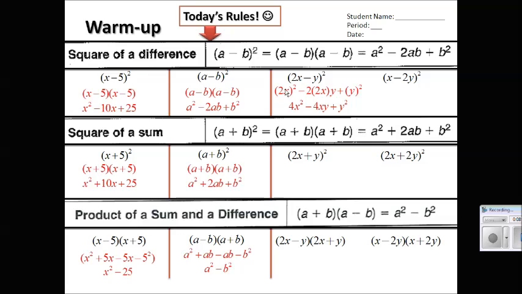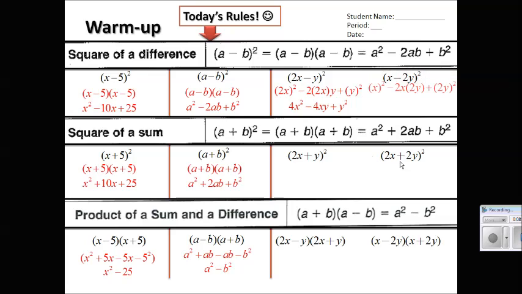Remember, 2x squared is actually 4x squared, right? This 2x squared is 4x squared. 2 times 2x times y is 4xy. And y squared is y squared. And I get straight to the answer using my shortcut rule.